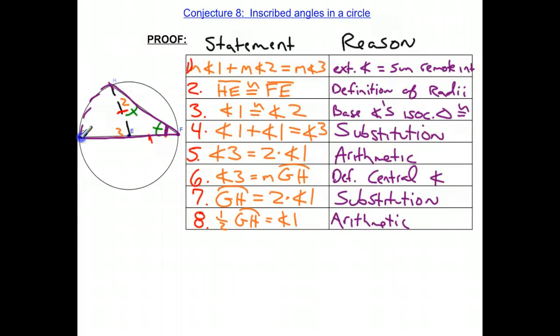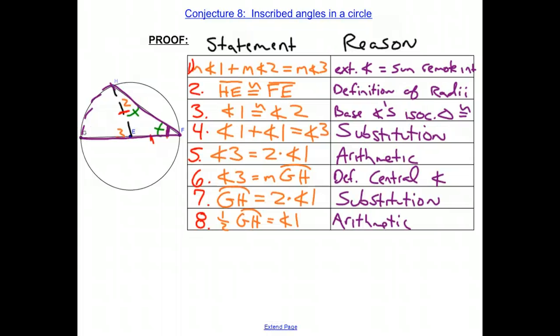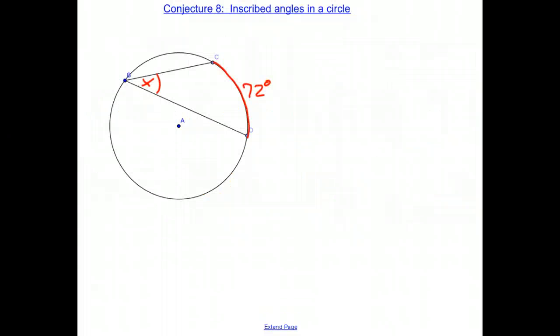So now that we've finally proven the inscribed angles conjecture, let's try an example. This is about as basic of an example as we can find. Here we have inscribed angle CBD again. X symbolizes the measure of the inscribed angle.